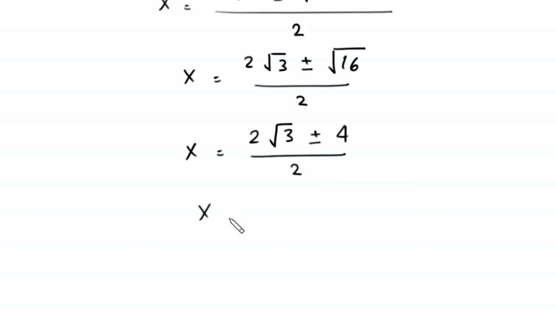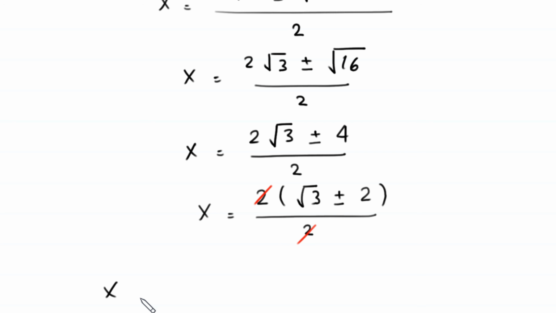Root 16 becomes 4. From the numerator we can factor out 2, in bracket root 3 plus or minus 2, divided by 2. The 2 cancels out, and we get two values of x: x equals root 3 plus 2, and x equals root 3 minus 2.